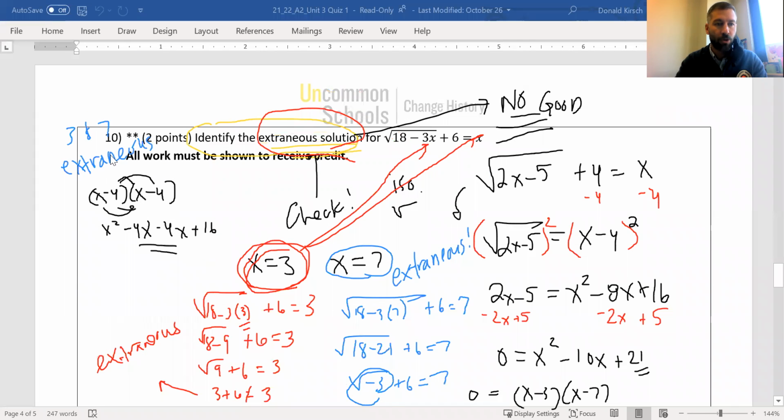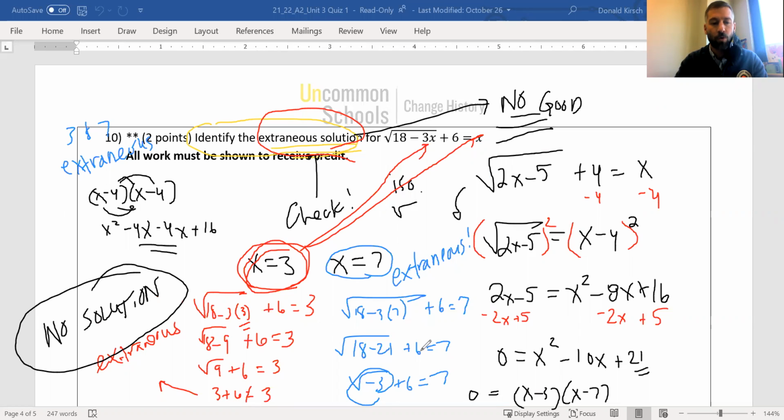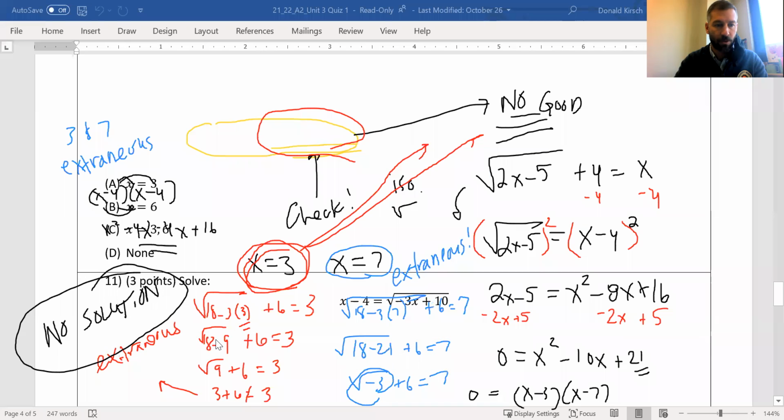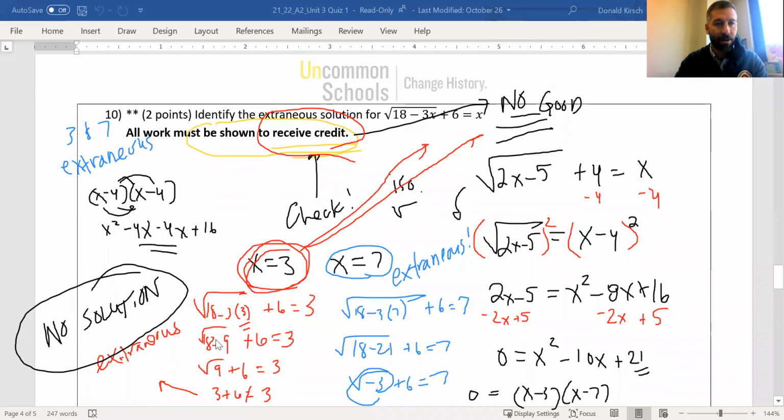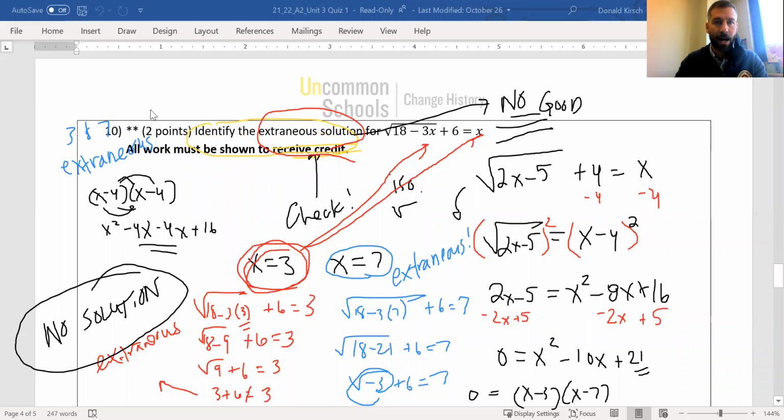So really, there's two extraneous solutions, but if I had to solve this the whole way, I would say no solution. So there's no real solution. So for number 11, when I'm asked to solve, there's no solution. But in number 10, if I'm asked to identify the extraneous, I want to actually say what isn't a solution. So it's a little bit backwards based on my check.